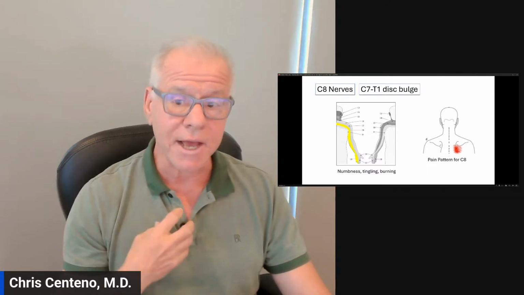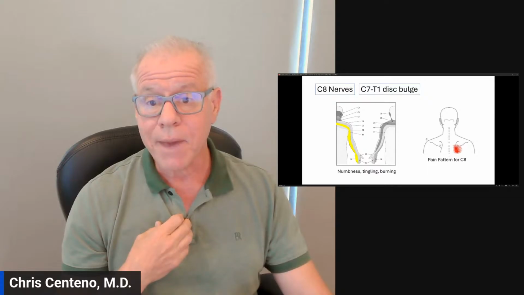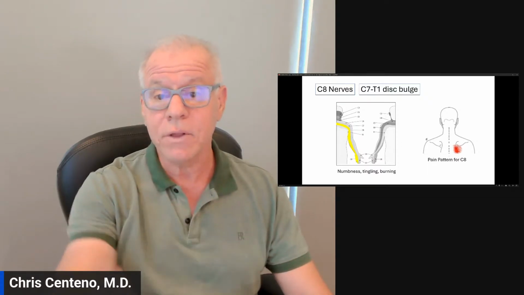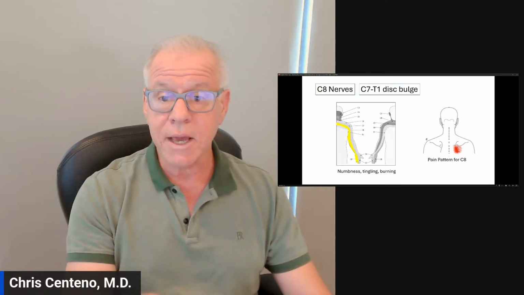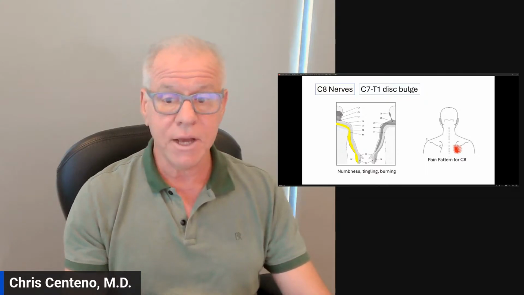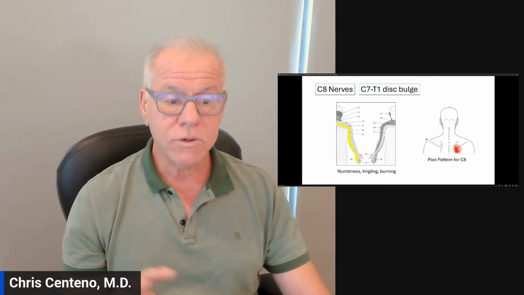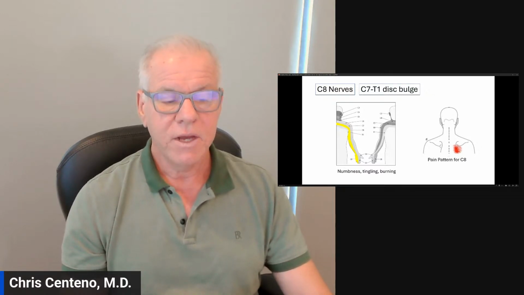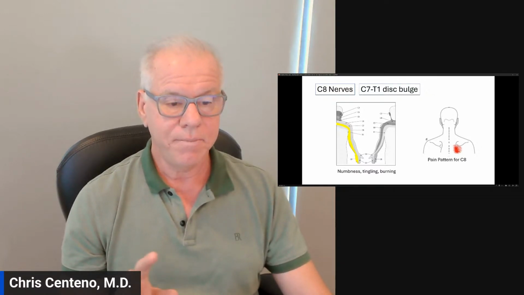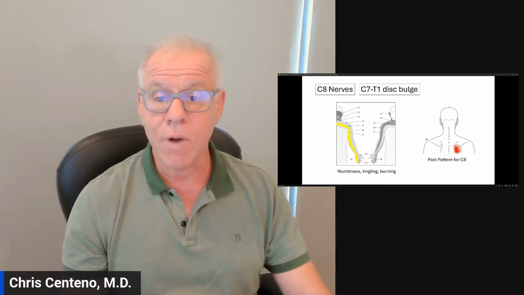So the first thing I think of when I hear someone with upper back pain is, can we rule out their lower neck? And if we can, then it certainly could be an upper back problem that's native to the upper back. But it's important to realize how all this stuff works. So again, the pain pattern is kind of in that rhomboid area.